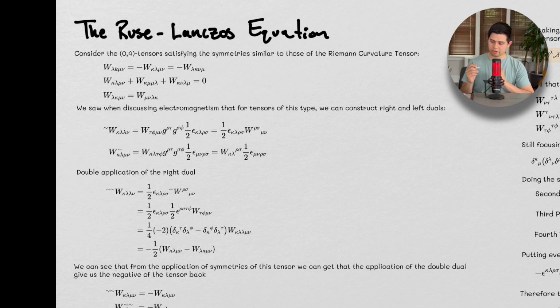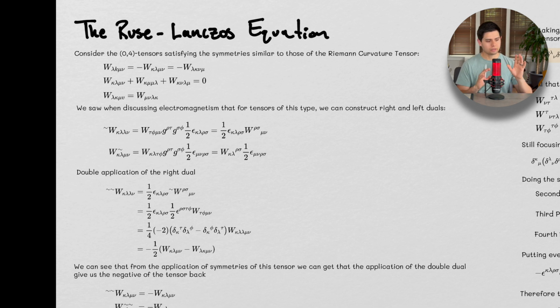So today we're talking about the Ruse-Lanczos equation. Once we're done here, we're going to talk a little bit more about complex tensors, and then in our next video, we'll move on.